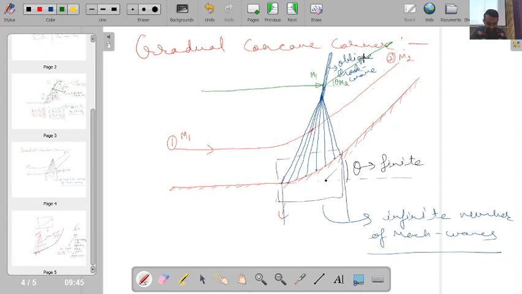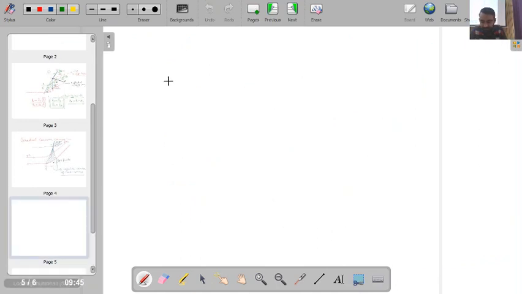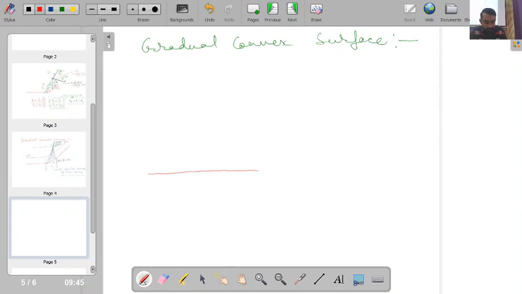Okay, now let's try to extend this type of analysis for the convex surfaces. So first let me give you idea about the gradual convex surface only. So say this is a gradual convex surface over here.